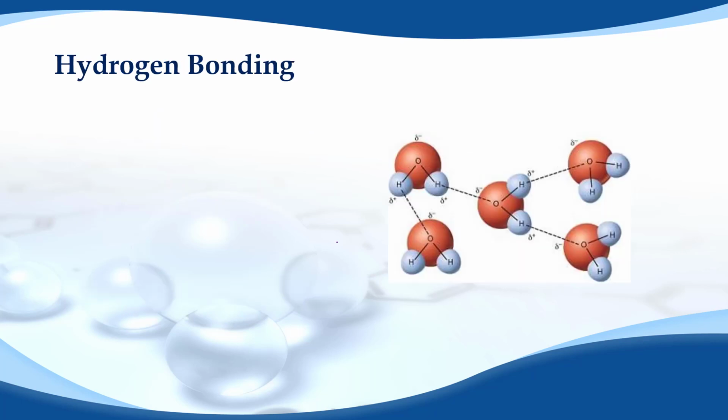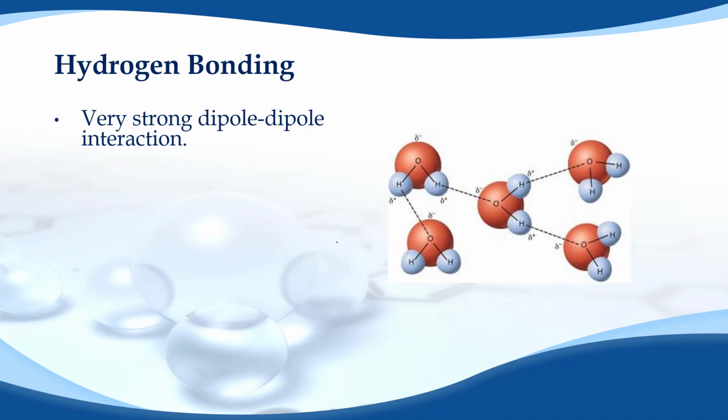Our third force is one that you're already familiar with. This is hydrogen bonding. You learned a little bit about this last year. Hydrogen bonding is basically taking dipole-dipole force and putting it on steroids. Right? It is a much, much, much stronger version of dipole-dipole.